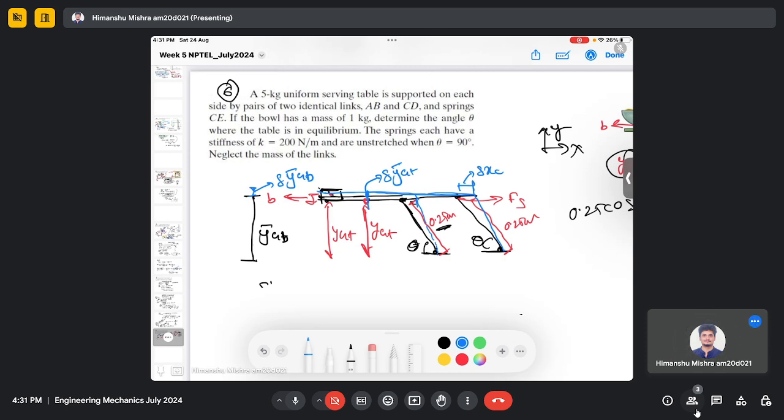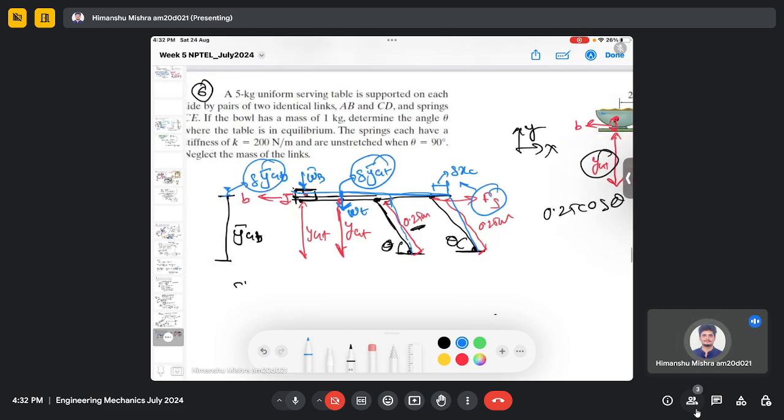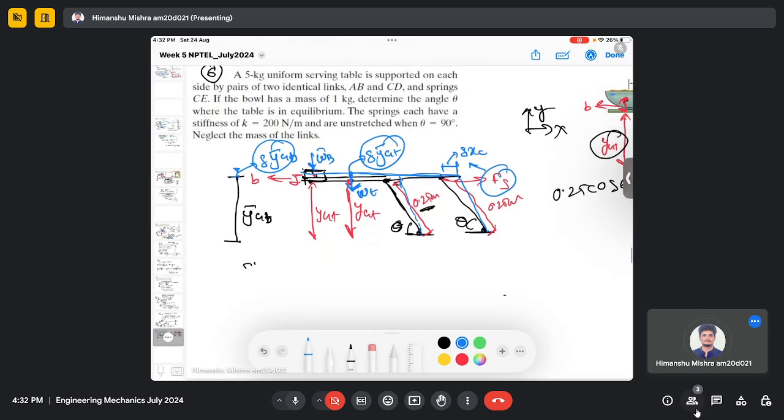There is a weight here due to the table, and there is a weight of this bowl. All these three forces are active forces because this spring is causing the virtual displacement del x_C, this weight is causing virtual displacement del y_Gt, and the weight of the bowl is causing the virtual displacement in the same direction, which is del y_Gb, right?